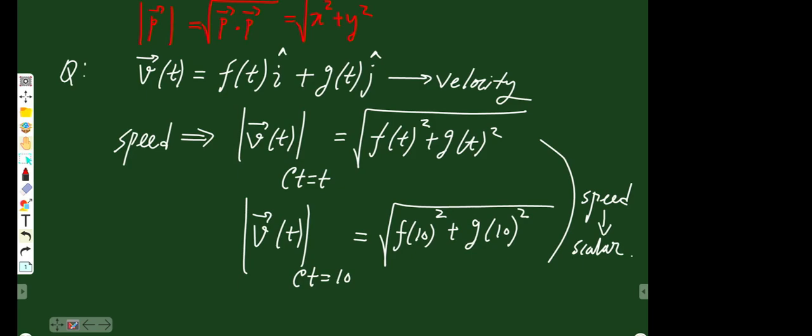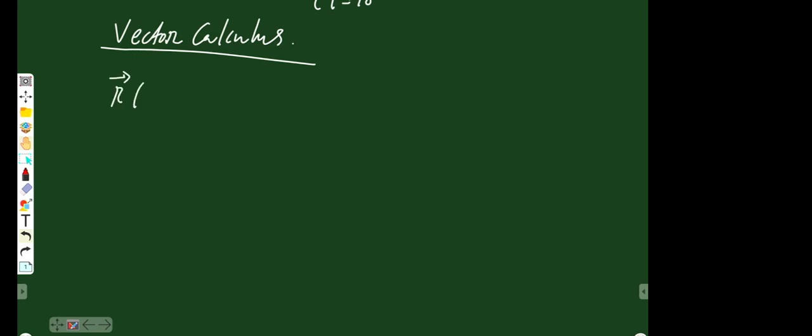Okay. You got what I'm saying, guys? Yep. Then we discussed this, but there is a specific name in the book. Vector calculus. Vector calculus is a university subject as well. Vector calculus is when the position vector is given to you, right?